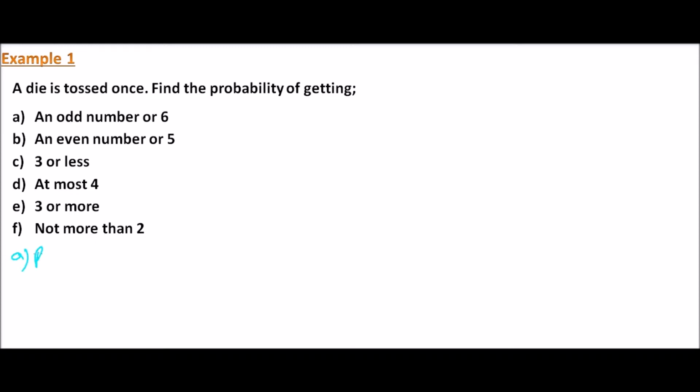The probability of getting an odd number or 6 is equal to the probability... We said when we are dealing with mutually exclusive events, we add. Our die has the numbers 1, 2, 3, 4, 5, and 6. The odd numbers are 1, 3, 5, or 6.